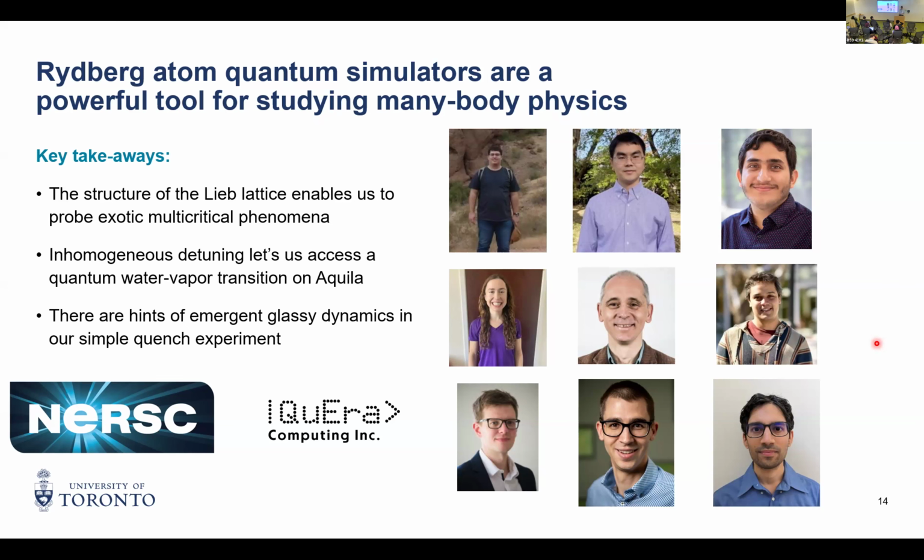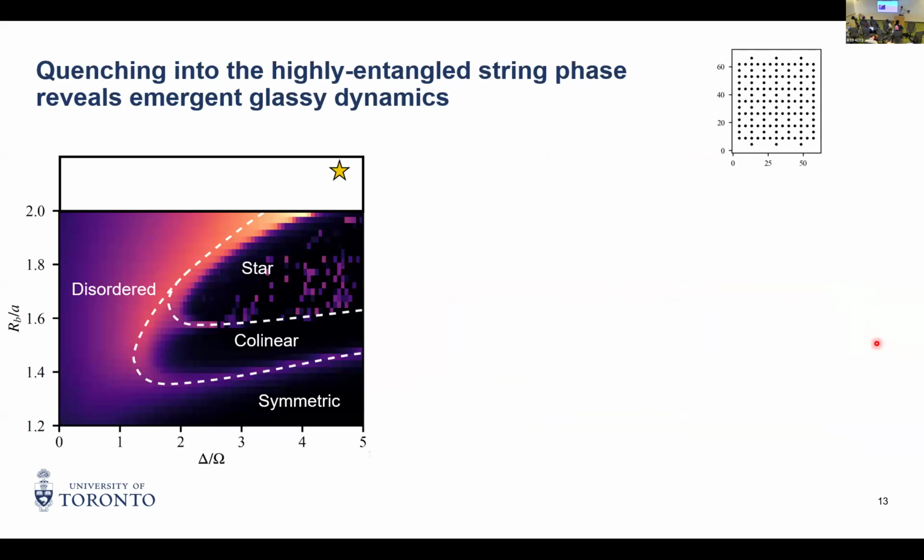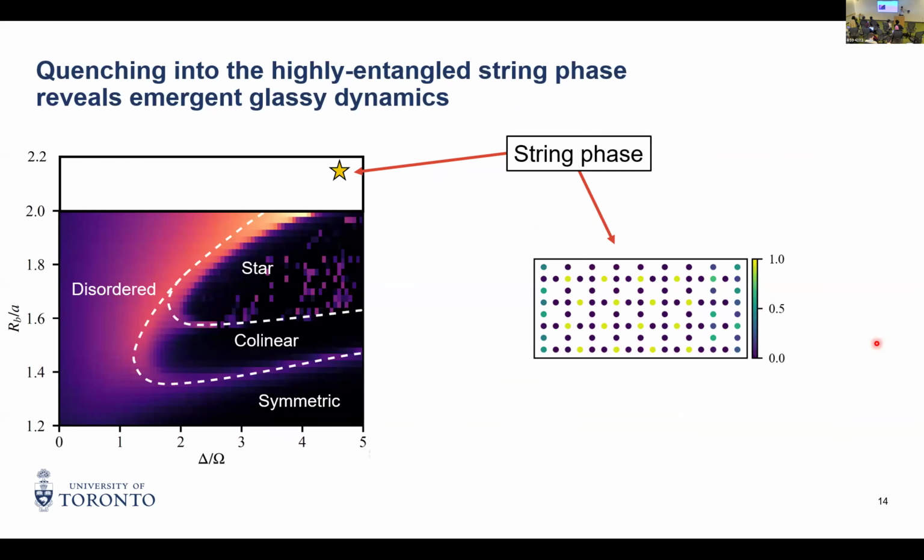Yeah, so we were able to do some finite size scaling analysis for, was it the disordered to collinear or disordered to star transition? Do you remember, Milan? Yeah, disordered to collinear, and a little bit for water vapor as well. So we did some finite size scaling and got relatively good agreement with the critical exponents predicted from DMRG. The system sizes on Aquila are just too small to get good agreement.